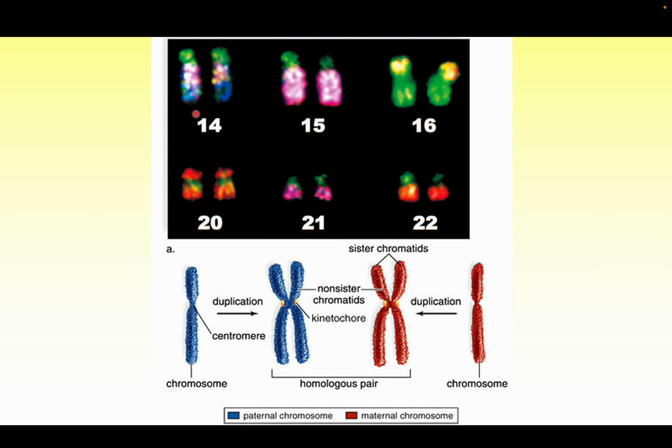Similar to the usual mitotic division, you can appreciate the same structures: the kinetochore, the centromere, the primary constriction in a chromosome, and the presence of sister chromatids. Sister chromatids are chromatids from the same chromosome, while non-sister chromatids are the chromatids coming from the paternal and the maternal sources.